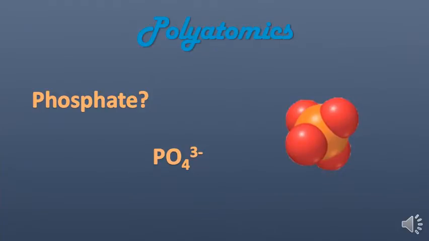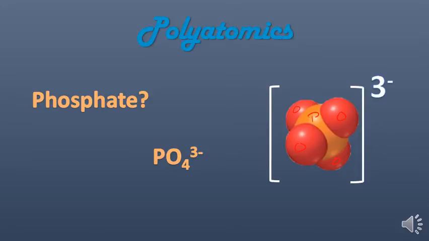Example, phosphate. Phosphate is 1 phosphorus atom bonded to 4 oxygen atoms, covalently bonded. But when they bond like this, they end up with a charge of -3.